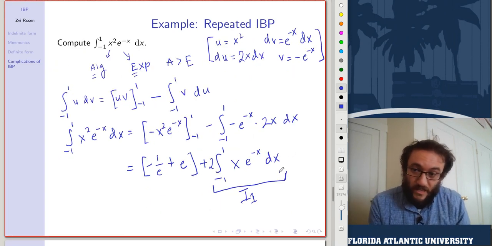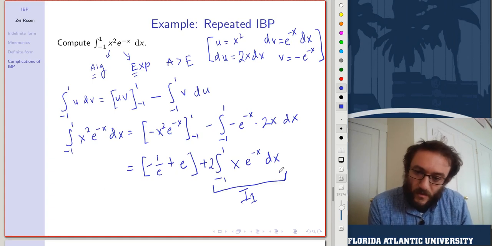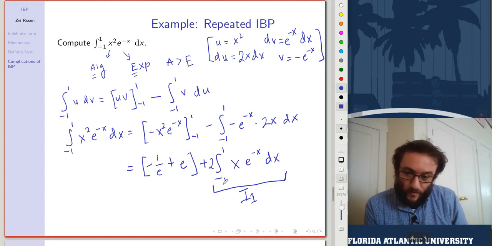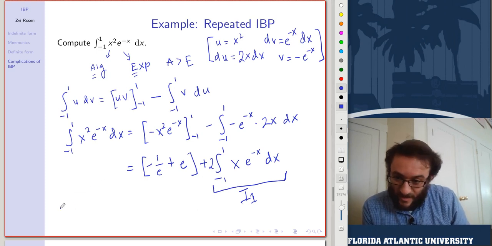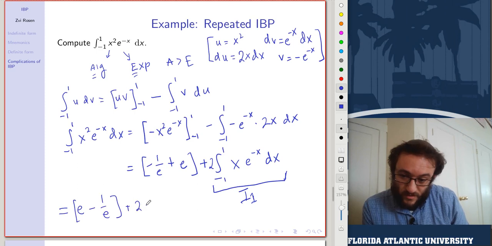Looking back up a page, we knew that we wanted to substitute into I1 here. So we can do that now. We get e minus 1 over e from over here, plus 2 times negative 2 over e.